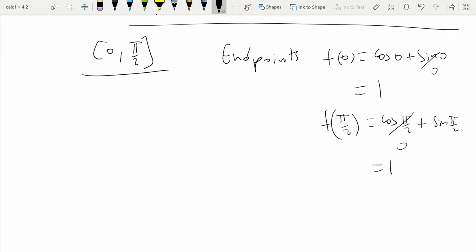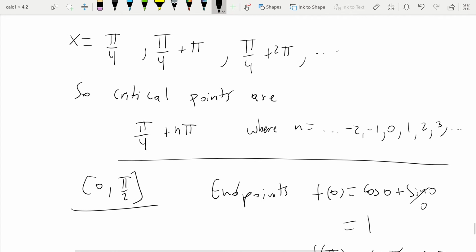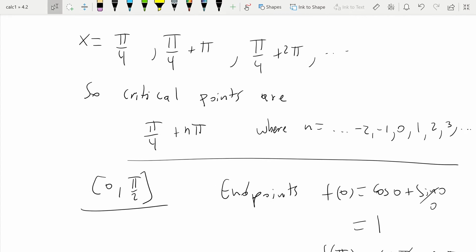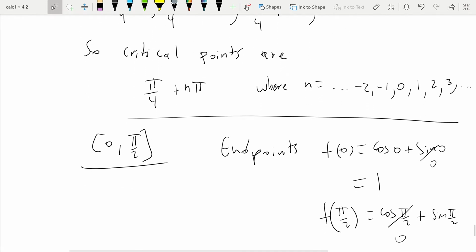And now we need to look at the critical points. The critical points there lie inside this interval, in between 0 and pi over 2. For which values of n do we get a critical point? Actually, just for n equals 0. When n is equal to 1, we get 5 pi over 4, which is greater than pi over 2.